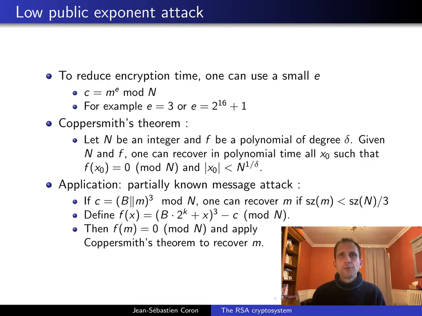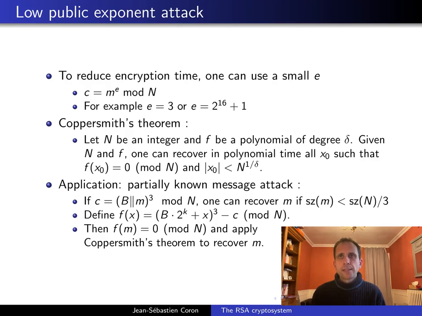So I'm going to describe Coppersmith's theorem, which is the following. Given an integer n, for which we don't know the factorization, such as an RSA modulus, and let f be a polynomial of degree delta, then given n and f, we can recover efficiently, so in polynomial time, all the roots x0 of f.